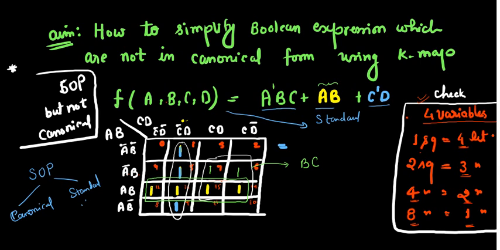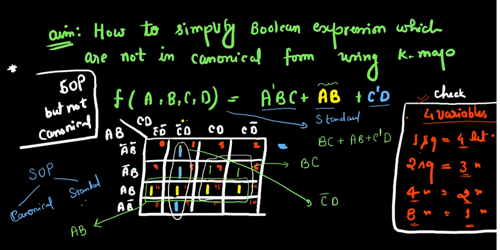Next, this is the same as AB, and this is the same as C prime D. So the simplified version would be BC plus AB plus C prime D.